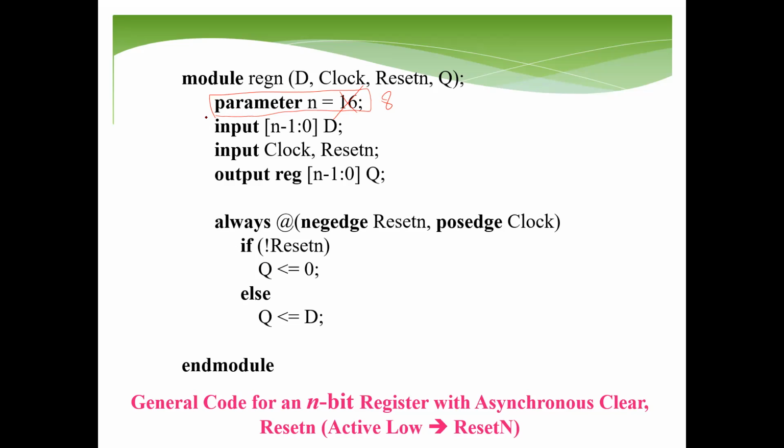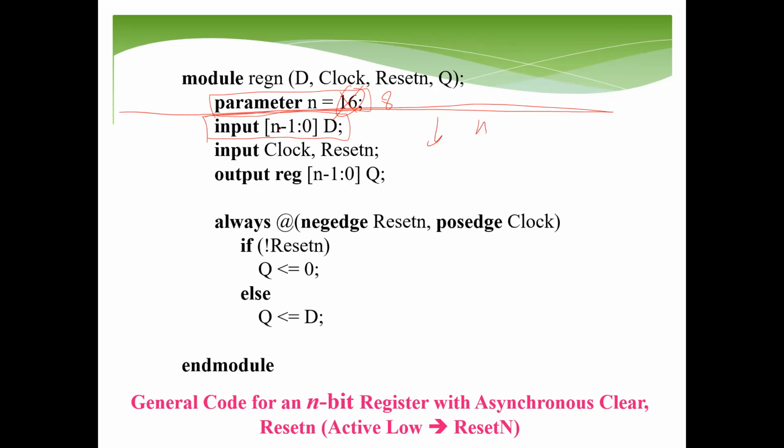Everything after this line has to be in terms of n. Don't depend on this 16 at all, because the point of using this parameter is to make this code general. Now define the input from n minus 1 to 0. So if I have 16, that's going to be 15 to 0.